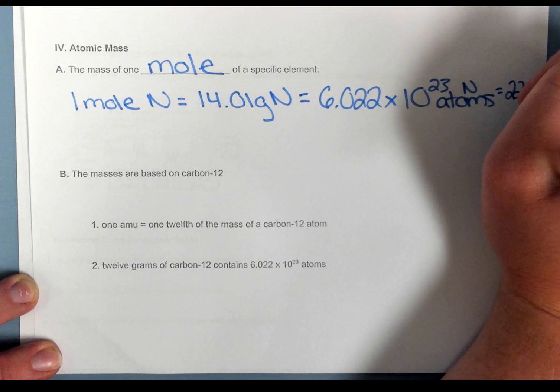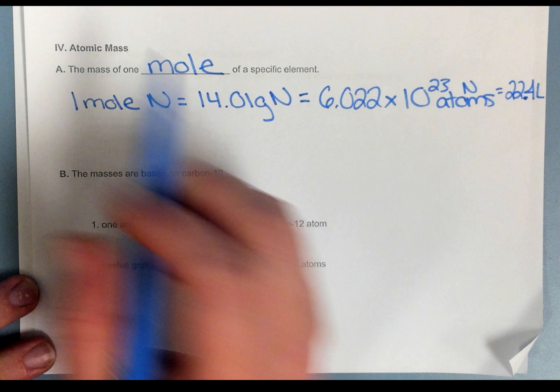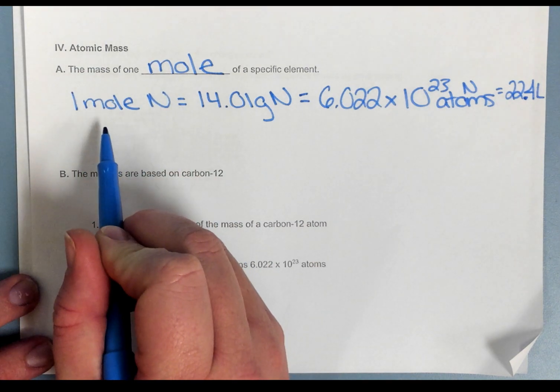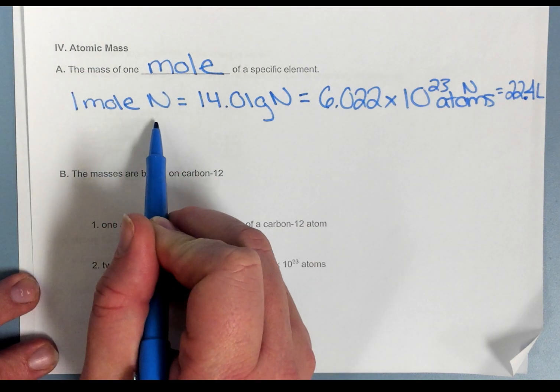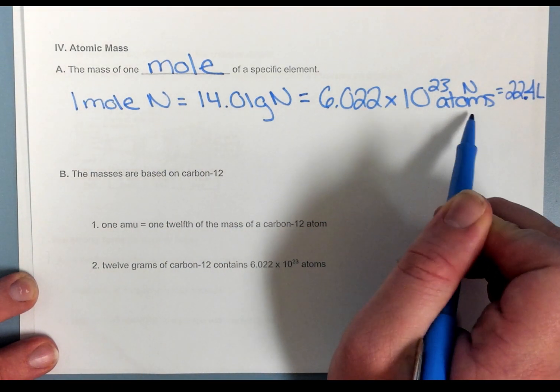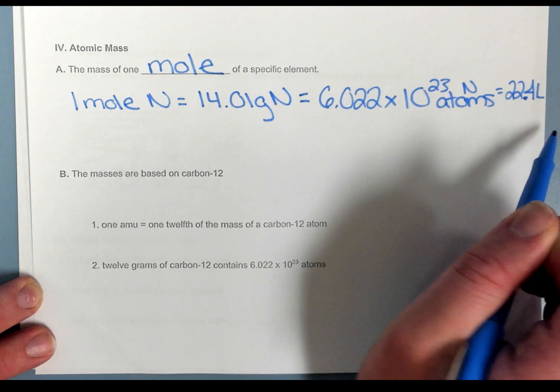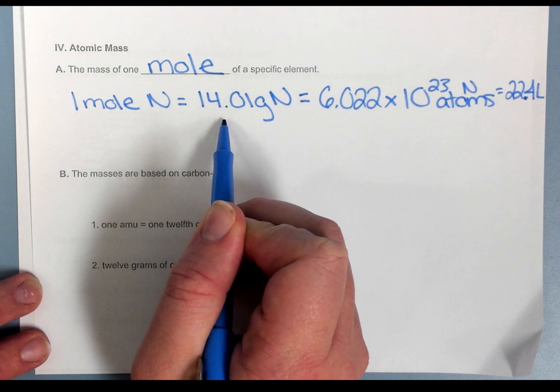Now, if we're not at standard temperature and pressure, that might be a different volume. But right now, we're pretending everything's at STP. So 1 mole of nitrogen atoms, which is 6.022 times 10 to the 23rd nitrogen atoms, takes up 22.4 liters of space and has a mass of 14.0 grams.